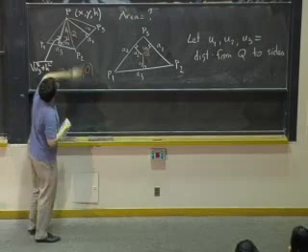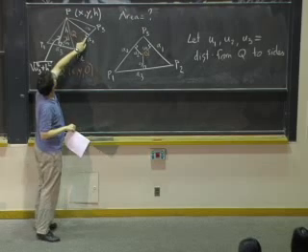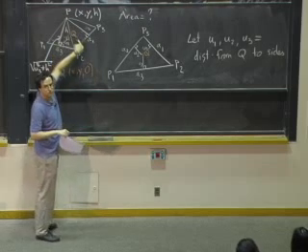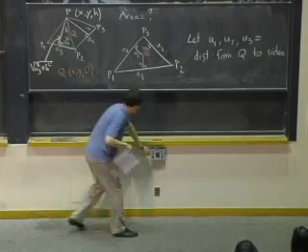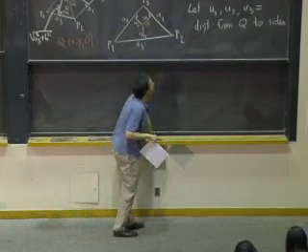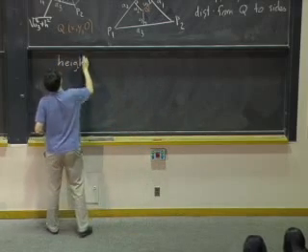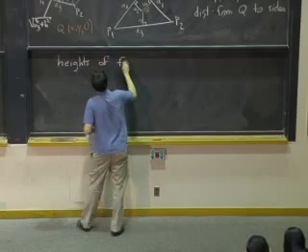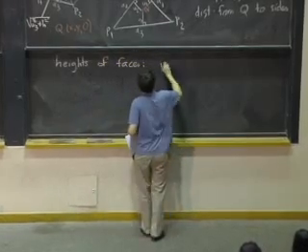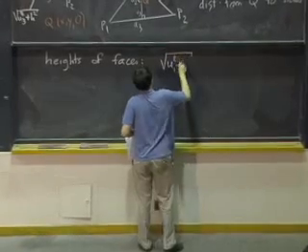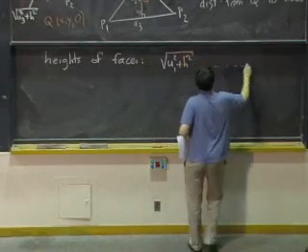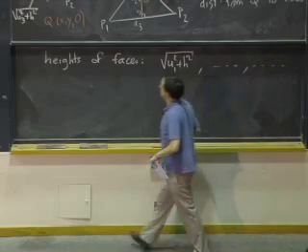And similarly for these other guys, they're square roots of U squared plus H squared. So the heights of the faces are the square root of U1 squared plus H squared, and similarly with U2 and U3.